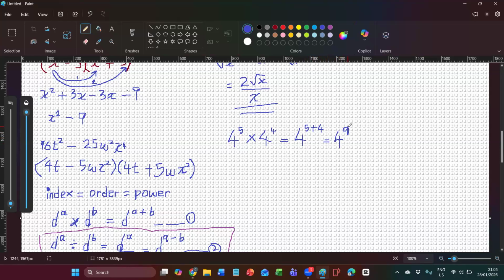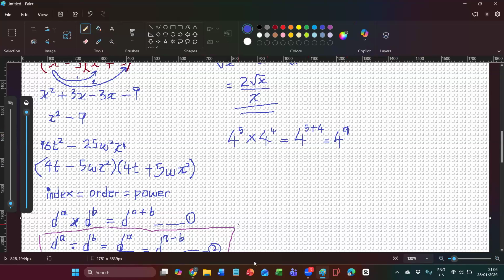But if they say you should go ahead and solve it completely, like give us an answer, then I don't think it's out of place for you to do 4 times 4 times 4 in 9 places, or use a calculator and do it. In that case, it's going to be a huge number, but it's doable, right? So maybe we should leave it in index form. If they say you should go to the final answer, you know what to do.